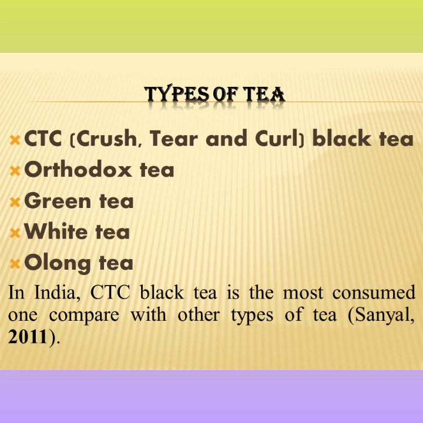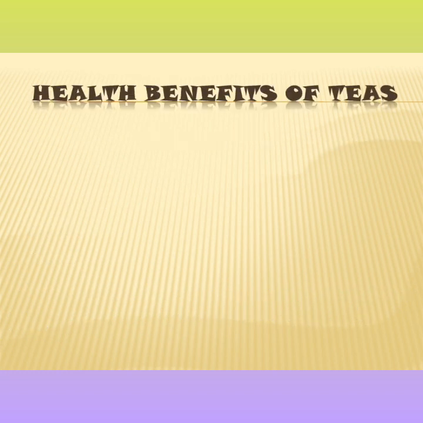So in India, CTC black tea is the most consumed compared to other types of tea. As I told, in Indian conditions, CTC black tea is the most consumed tea. So today we'll discuss the processing steps, the processing techniques used to prepare CTC black tea.